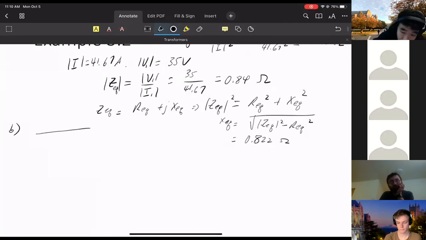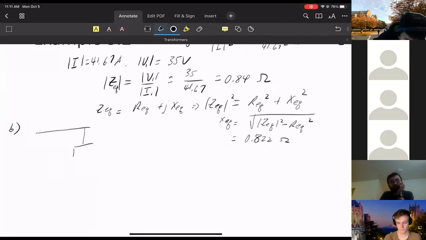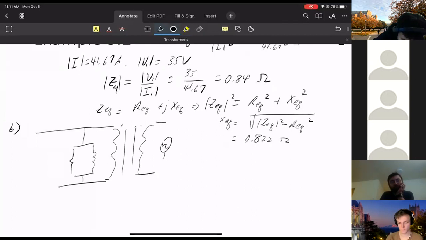So let's say I have a shunt, wrong way, I have a transformer. Let me put a voltage through this part and look at what happens. I put in a rated voltage at the secondary.